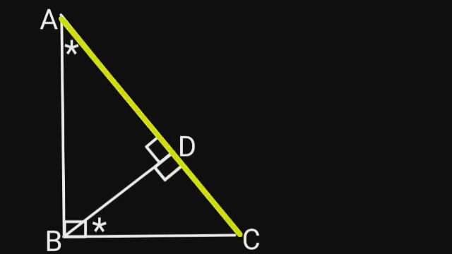Here angle A is shown as a star in the 90 degrees. In angle B, there are two angles formed. One is shown as a star.